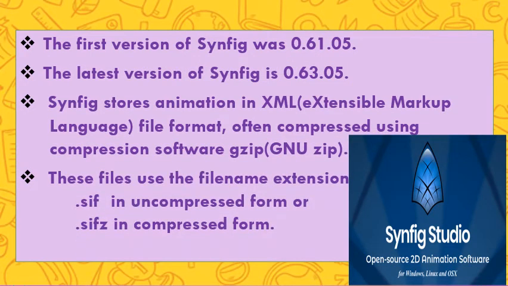The first version of Synfig was 0.61.05. The latest version of Synfig is 0.63.05. Synfig stores animation in XML, that is Extensible Markup Language file format, often compressed using compression software gzip, which stands for GNU zip.